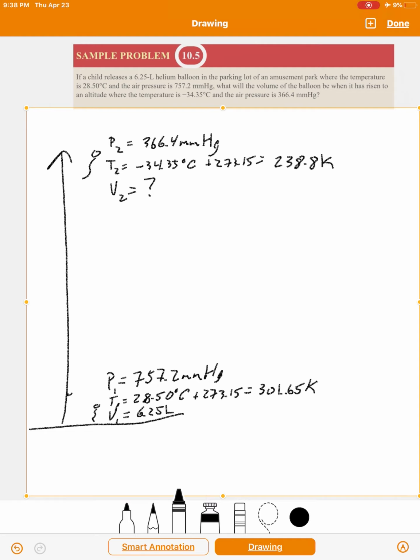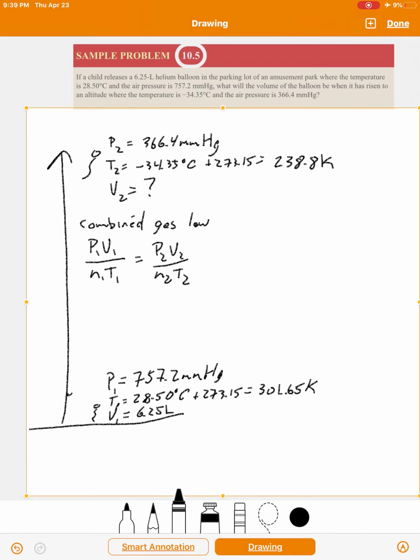This is a little different than the previous ones. When the pressure, volume, and temperature are all changing, you use what's called the combined gas law. It's the combination of those three gas laws we just looked at. It's P1V1 over N1T1 equals P2V2 over N2T2.